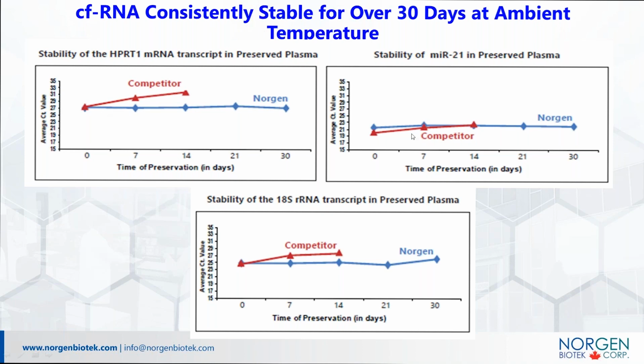You can see for the 3 targets that the CT values remain constant for Norgen's amplification, whereas the CT values started to increase, which means the RNA that we started with got degraded and there is no more RNA, or we're losing RNA with the competitor.